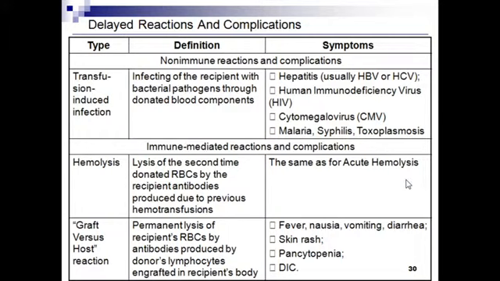Clinical presentation is fever, nausea, vomiting, diarrhea, skin manifestation as a skin rash, and laboratory manifestation as pancytopenia or disturbance of the coagulation profile of the recipient, such as disseminated intravascular coagulation syndrome.